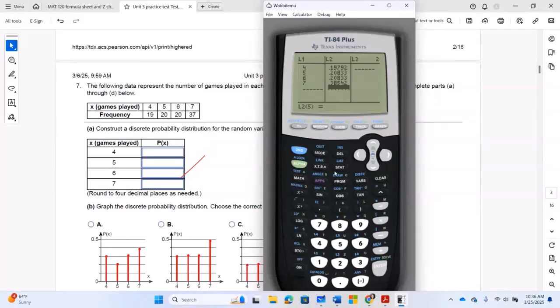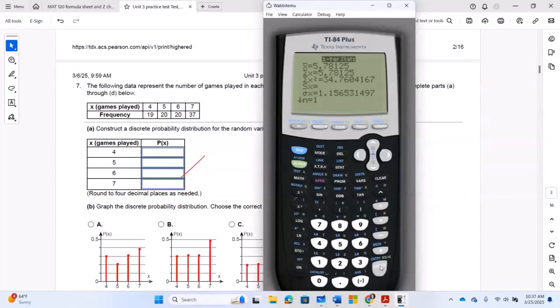All I have to do is go to stat, arrow to calc, do one variable stat, and then I'll tell my calculator where my L1 is. My L1 is the random variable, and my L2 is the frequency or probability, and calculate.